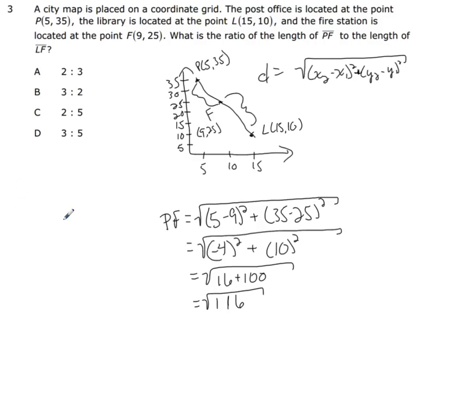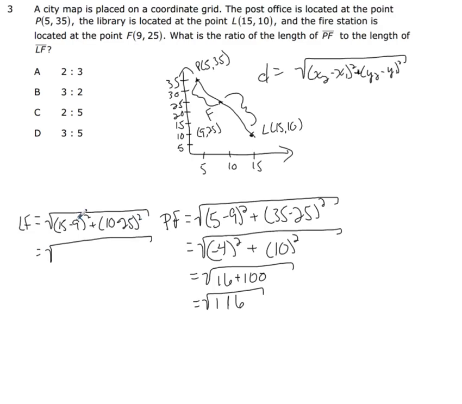I'm going to find LF. LF is going to be the square root of, all right, we've got 9 and 15, so I'm going to use 15 minus 9 squared plus 10 minus 25 squared.